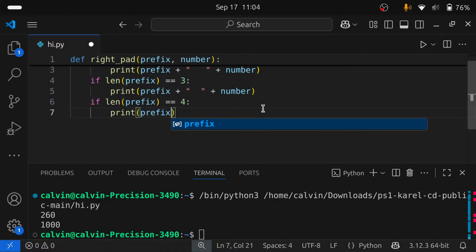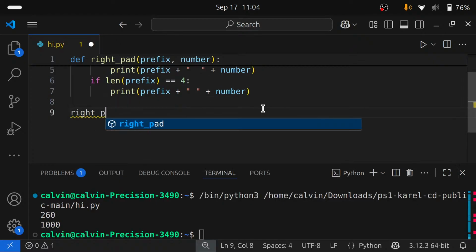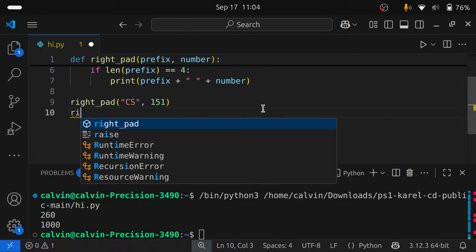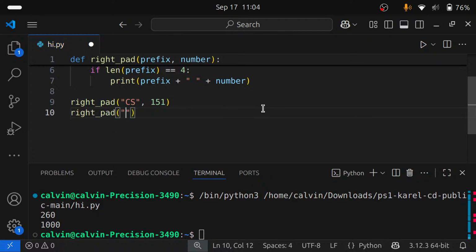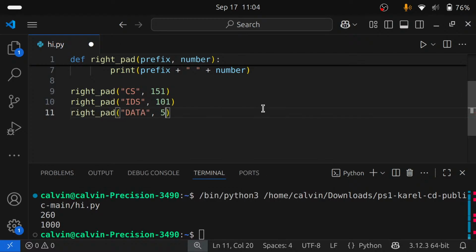Okay. Prefix plus single space plus number. Okay. Write pad. CS 151. Write pad. IDS 101. Write pad. Data 597. Is this going to work?